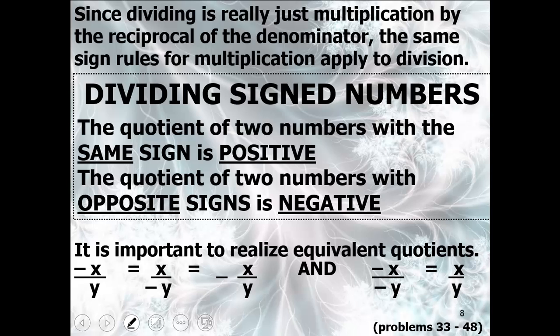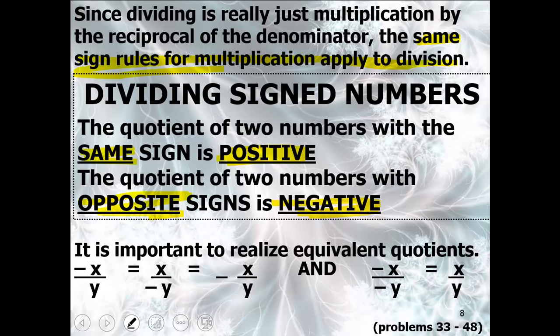Now, since dividing is really just multiplication by a reciprocal, you get to have the same sign rules for multiplication and division. If you're dividing two numbers with the same sign, it's positive. If you're dividing two numbers with opposite signs, then it's negative.